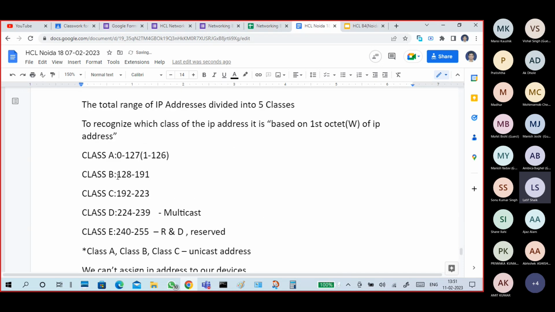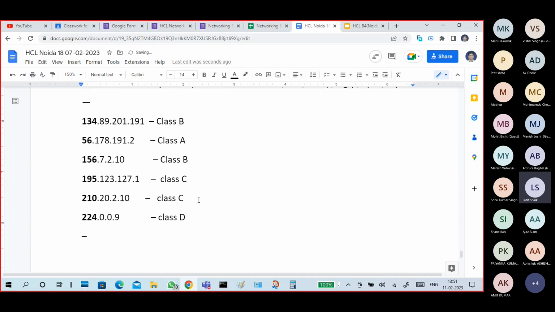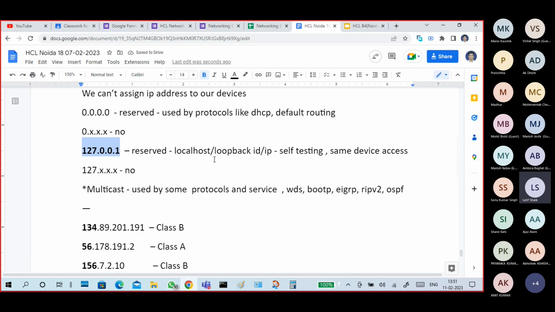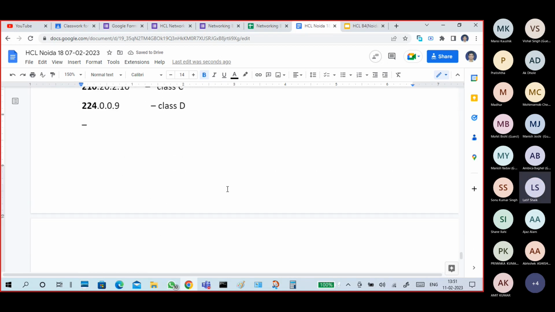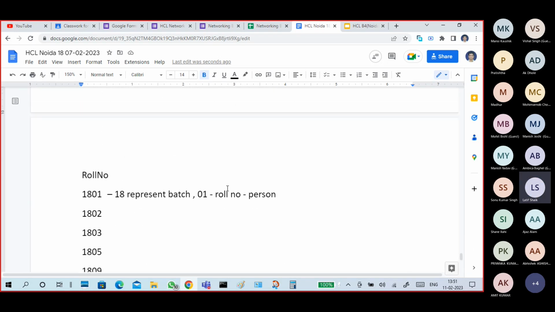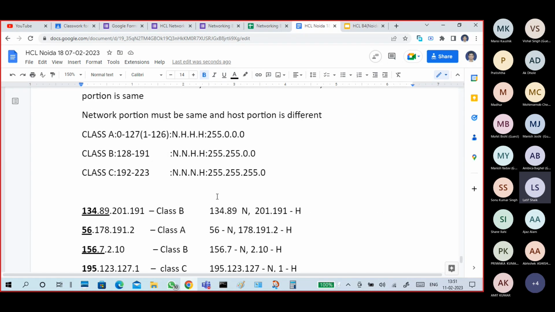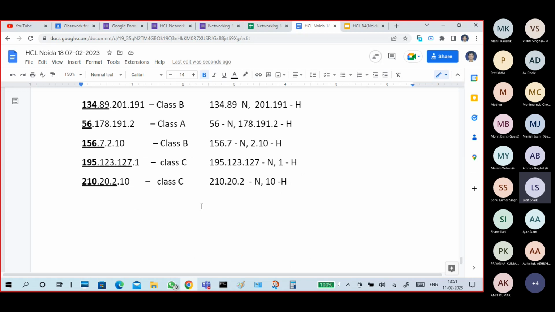IP address classes and their ranges. 127.0.0.1 is another very important one, the loopback or local host address, and how to recognize which class an IP address belongs to, and how to recognize the network portion and host portion of an IP address.